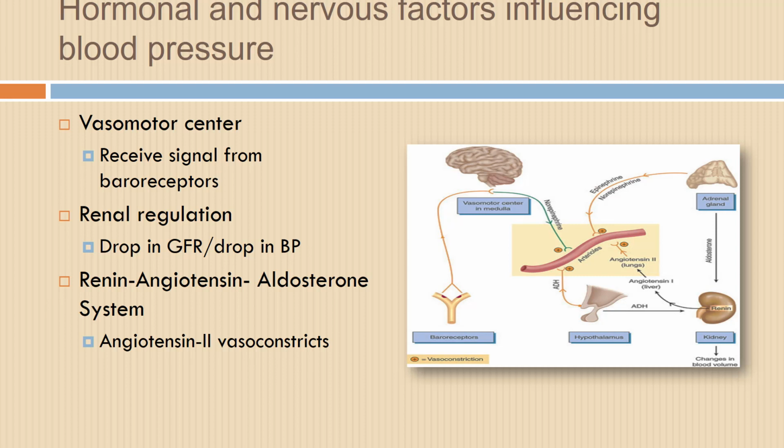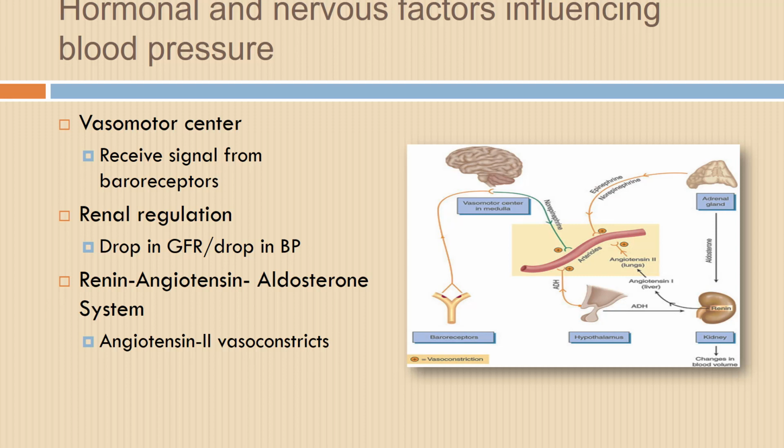Let's take a step back here and talk about how several organ systems work together to maintain a normal range of blood pressure. The organ systems would be the central nervous system, autonomic nervous system, kidneys, and endocrine system. Baroreceptors in the blood vessels are sensitive to decreases in blood pressure.